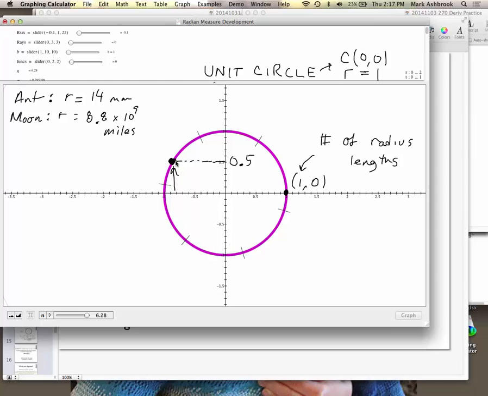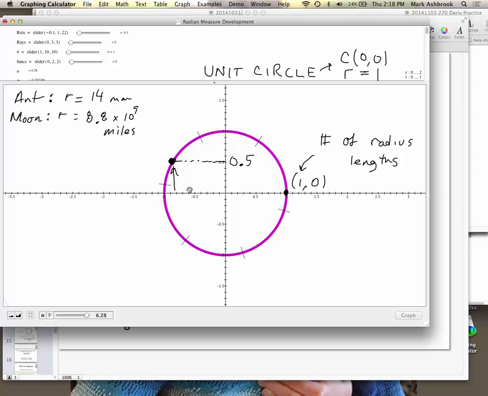So now, whether it's the ant or the moon, if it's in this spot on its circle, it's 0.5 radius lengths up from the x-axis. So how many millimeters is the ant above its horizontal axis? 7. It's up 7 millimeters.